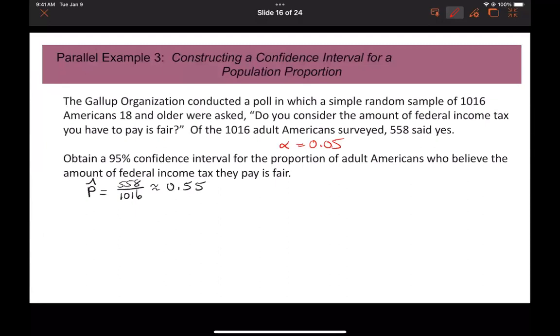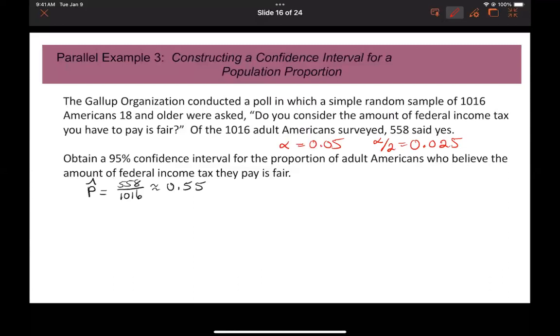So my alpha divided by 2 is 0.025. Therefore, I'm going to put 0.975 into my calculator for inverse norm. If you want to use 0.025, you can, but make sure you change it to positive.